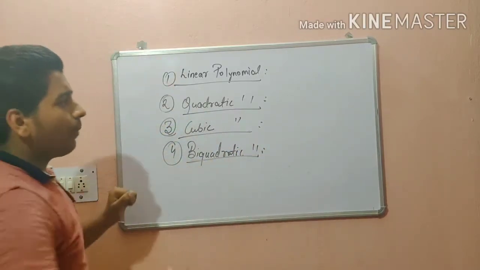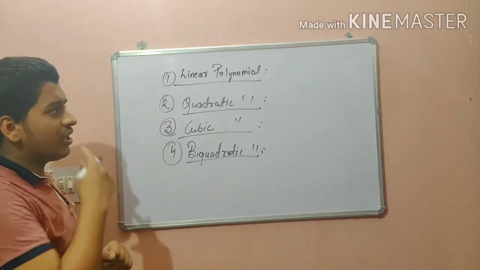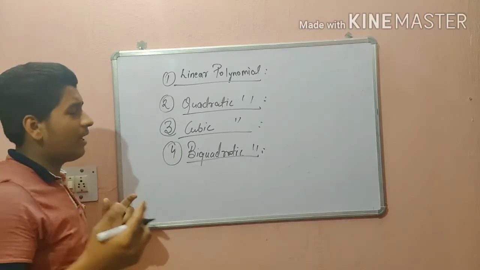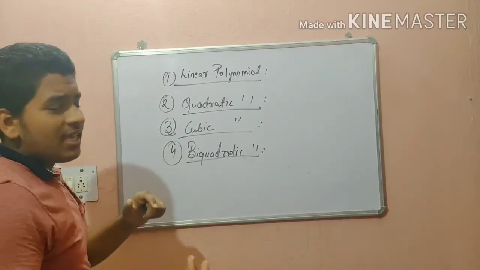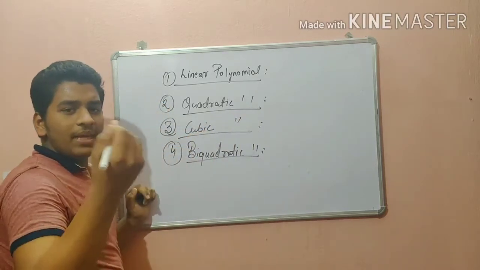Linear polynomial stands for those algebraic expressions which are in the form ax plus b, which have the highest degree 1. What do we mean by degree?